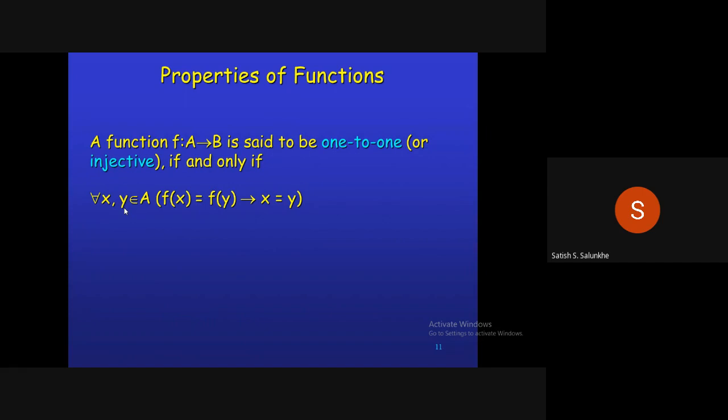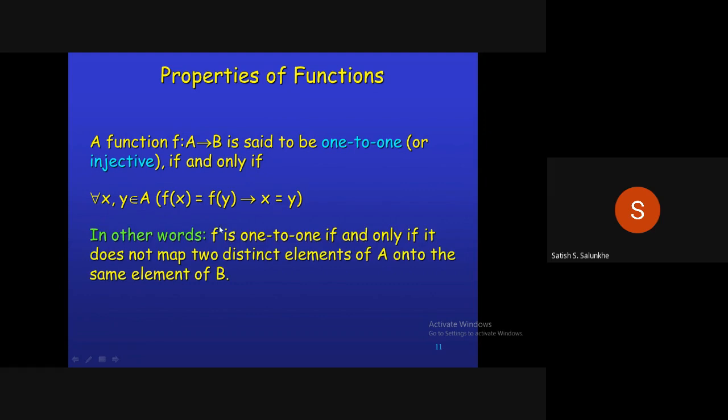I will again repeat. For all x, y belonging to set A, that is the domain, you take any two elements from the domain. And if you have f of x equal to f of y, that means the image of x in the codomain and the image of y in the codomain, if those images are the same, it implies that x and y both are the same.